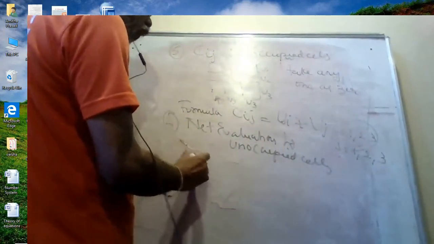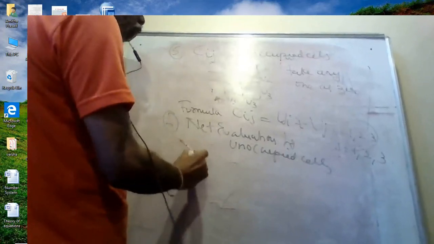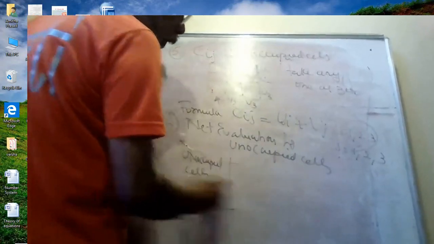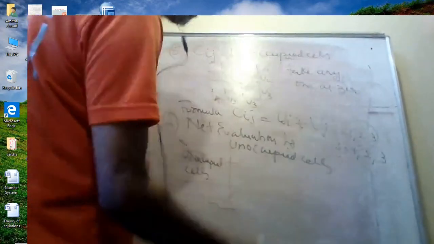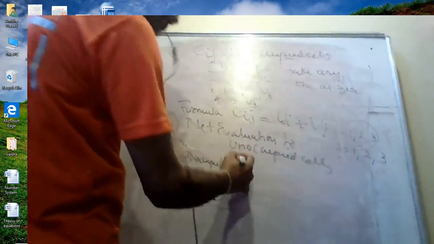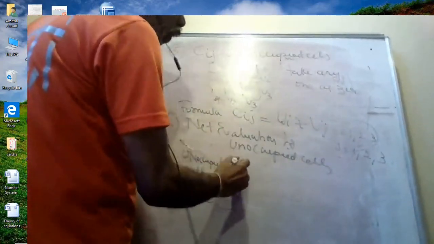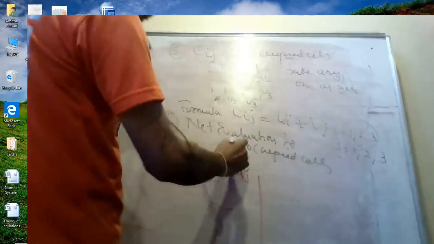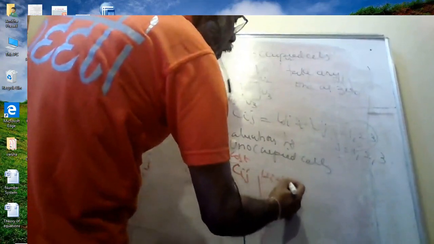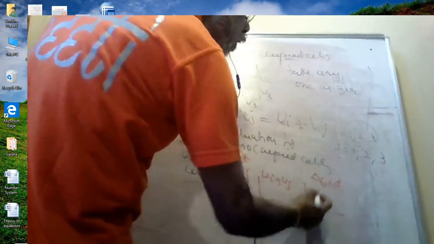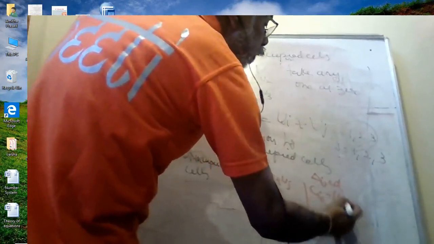So allocation, unoccupied cells, Cij cost, Ui plus Vj, and very important, delta Ij or D, Cij minus (Ui plus Vj).